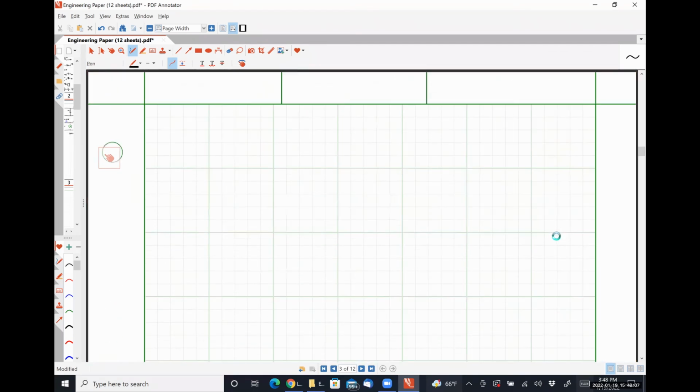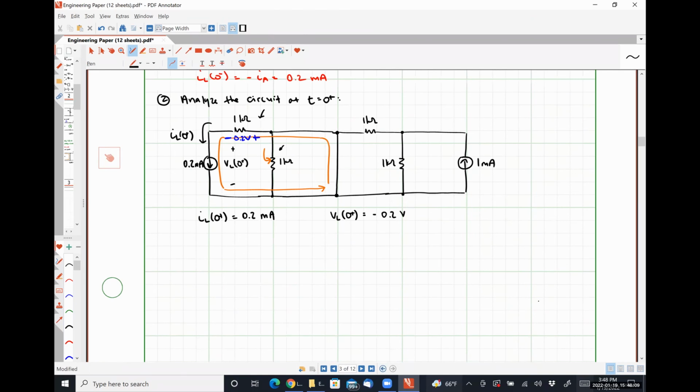All right, so step 3 is to determine the equivalent resistance seen by the inductance.